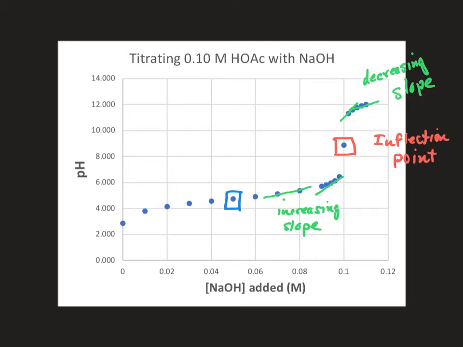And that second inflection point, when the pH rises very quickly, is where the concentration of sodium hydroxide added equals the concentration of our original acid. This inflection point is our equivalence point.